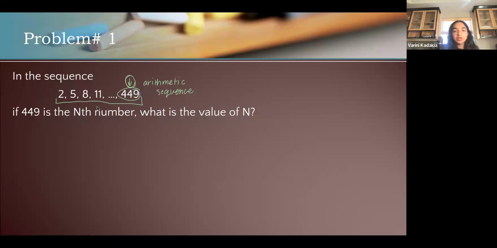Like, what number is it? If you ask me what number 2 is in the sequence, I'd say 1, right? You ask me what 5 is, I'd say 2. So now what it's asking you is, what is 449's number? Does that make sense to everyone?